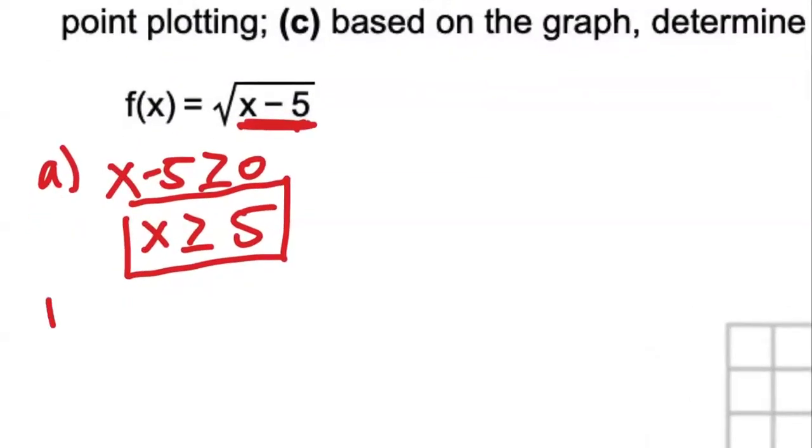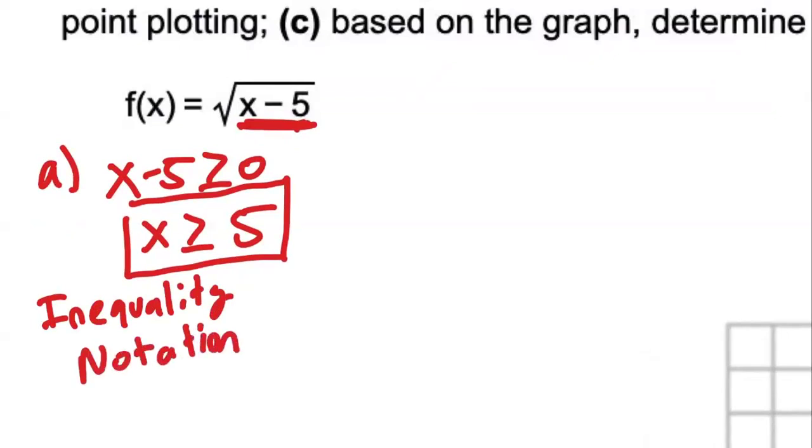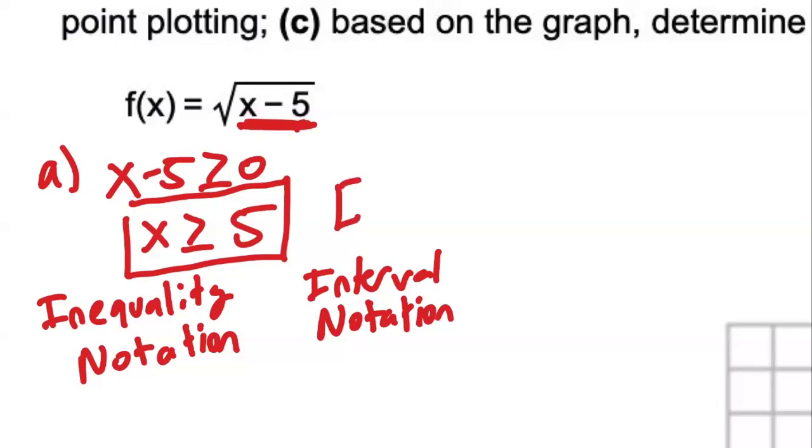Now, this is inequality notation. The homework will either tell you inequality notation or interval notation. And the way you write this in interval notation is you're going to have bracket 5 to infinity.